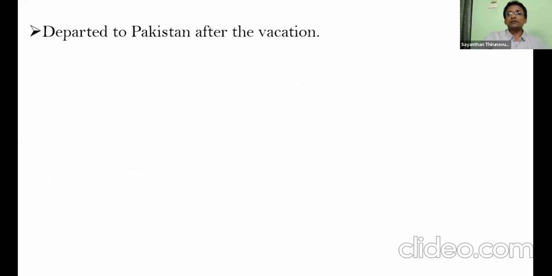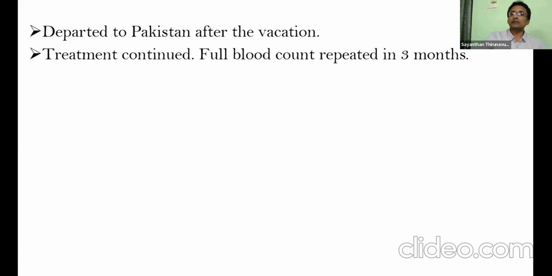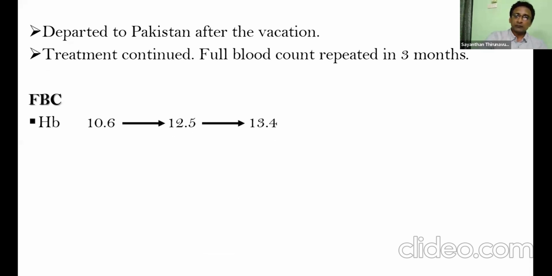So it was planned to continue the treatment. The patient departed to Pakistan after the vacation, but treatment continued. He repeated the full blood count in 3 months and contacted me. So I am summarizing all 3 full blood counts. Hemoglobin when he came was 10.6, in 3 weeks' time 12.5, and now 13.4.